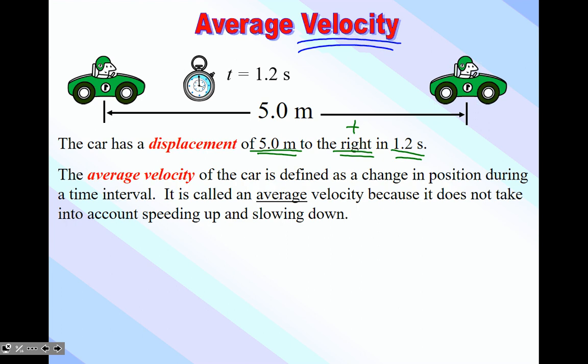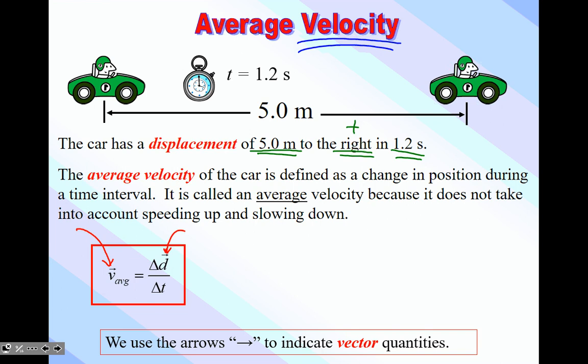The average velocity of the car is defined as the change in position during a time interval. It is called an average velocity because it does not take into account speeding up and slowing down, like average speed. But with average velocity, we look at the displacement. This formula is very similar to the speed formula, except you have this little arrow here. These little arrows tell you that it's a vector quantity, so it implies direction, whereas with average speed those arrows were missing.